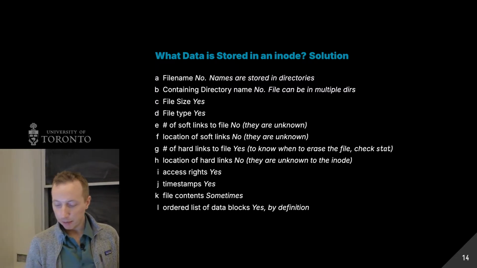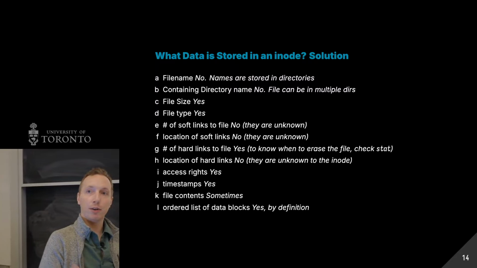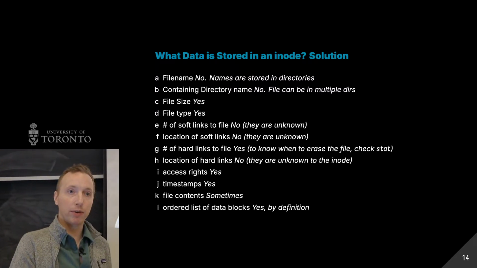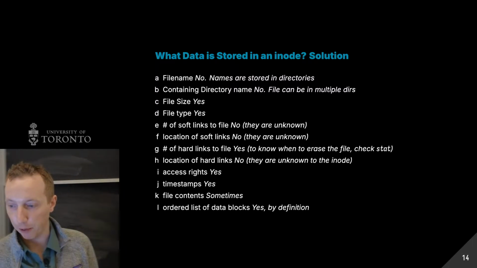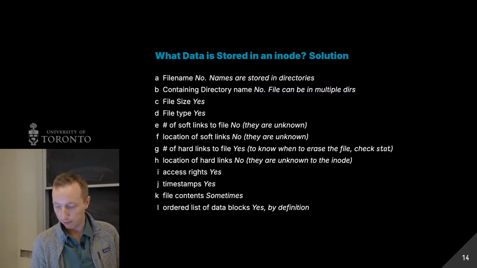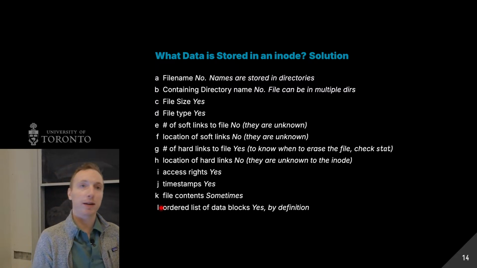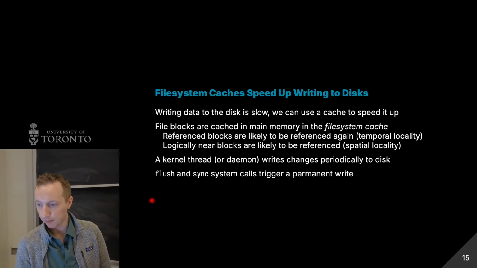There is an optimization for symlinks: if they are smaller than 60 bytes, they're stored wherever the pointers are stored, and the string's just stored right there. So it uses that ordered list of data blocks to store the actual string itself as that optimization, but that is only an optimization for symlinks, so that's why it says sometimes.